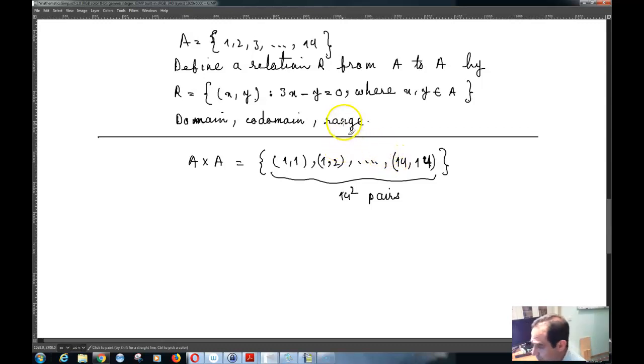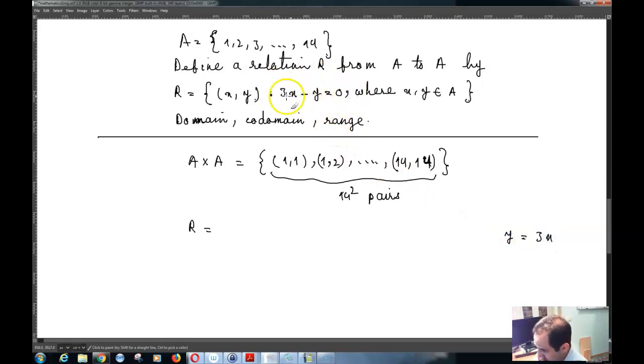So now you need to find the subset of A times A, which becomes the relation R. And this relation R is from A to A, of course. This is A times A. Where you have this sort of relationship between x and y, meaning that 3x minus y is equal to 0, or you can say that y is equal to 3x.